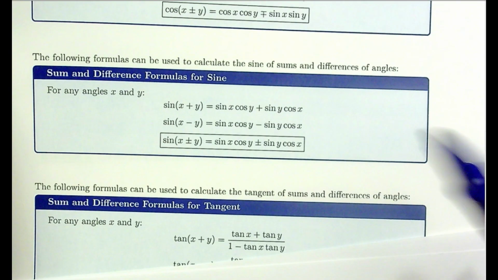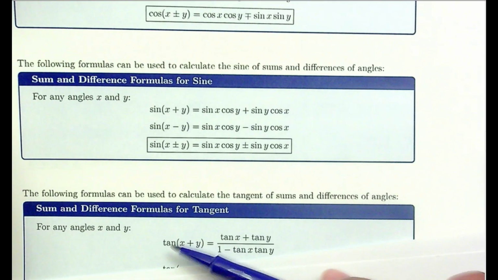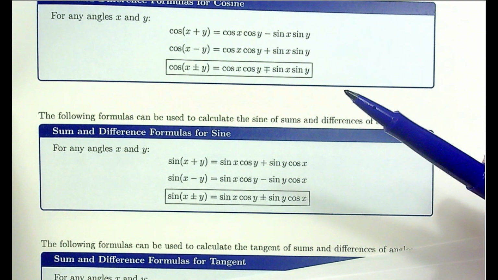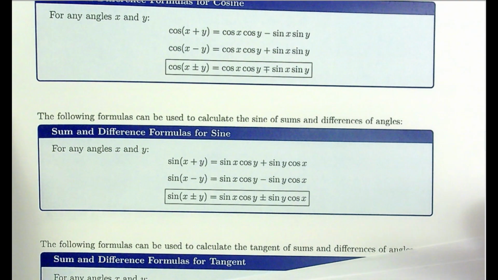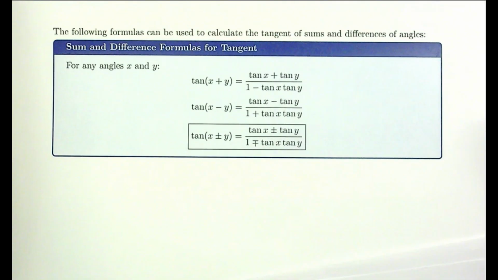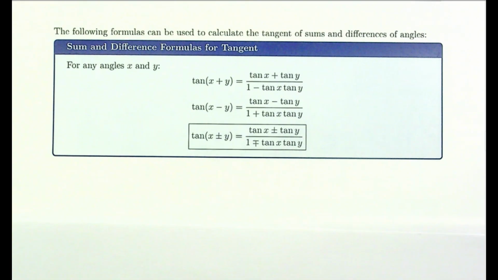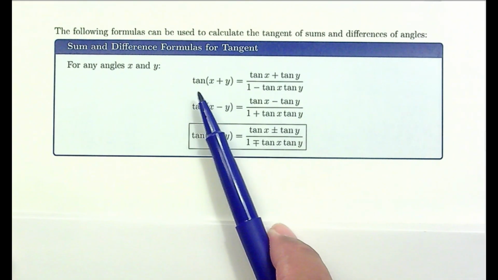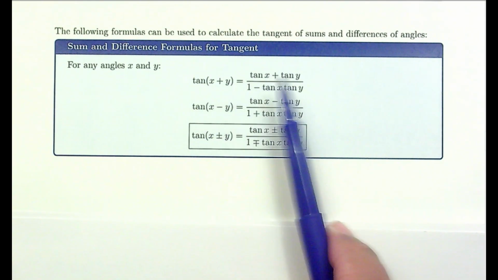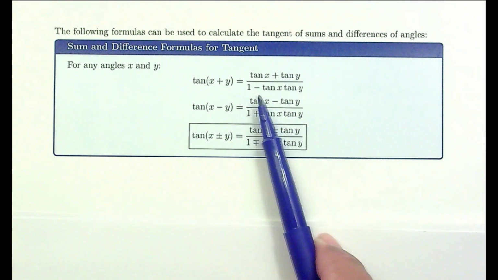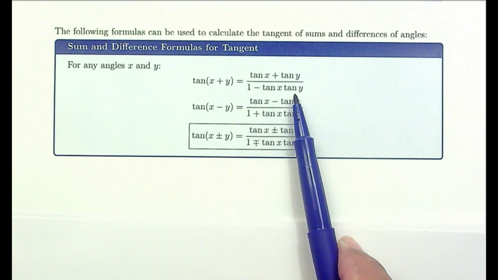I'm not going to do the derivation, but if you write tangent equals sine over cosine and you use these formulas and do a little bit of algebra manipulation to simplify it, you end up with these formulas right here. Okay, so that's where these ones come from. And they say the following. Tangent of x plus y equals tangent of x plus tangent of y, all that over 1 minus tangent of x times tangent of y.